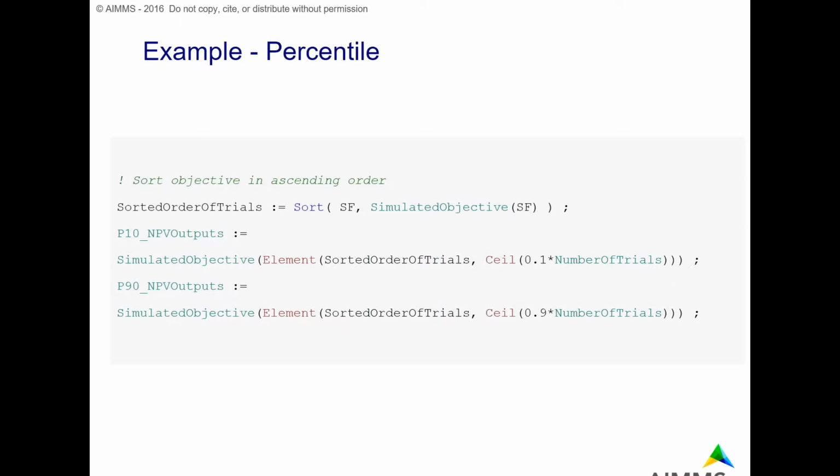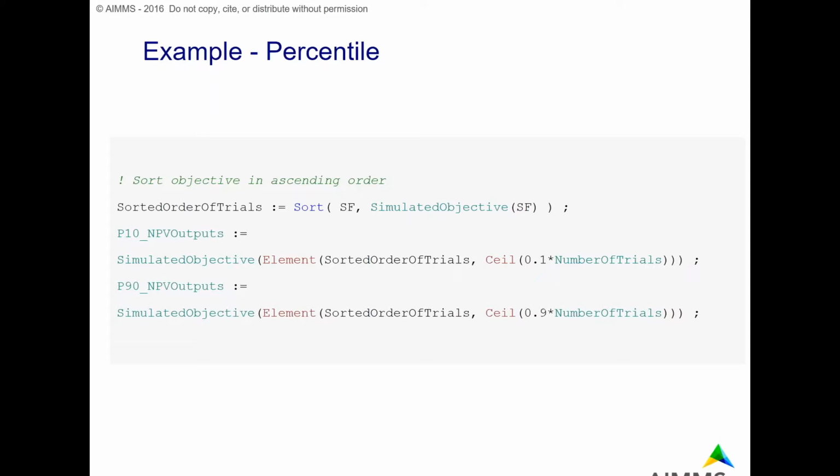On the next page, we want to calculate the percentile. We want to know the 10% and 90% outputs. So how to do that? First we want to sort those values in order. The original simulated objective over our samples is random, not in order, but we can first use this ordered set, which is a sorted order of trials.